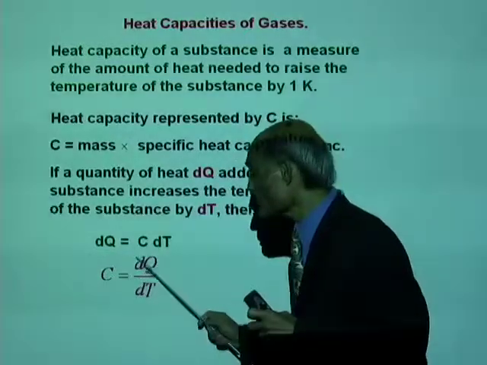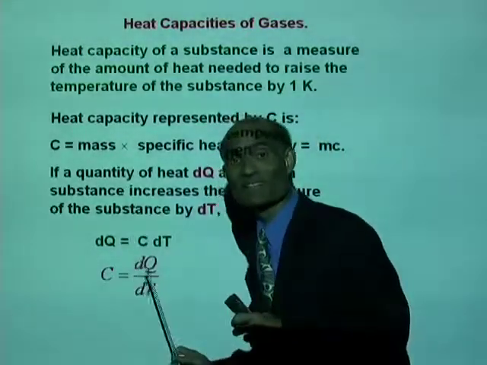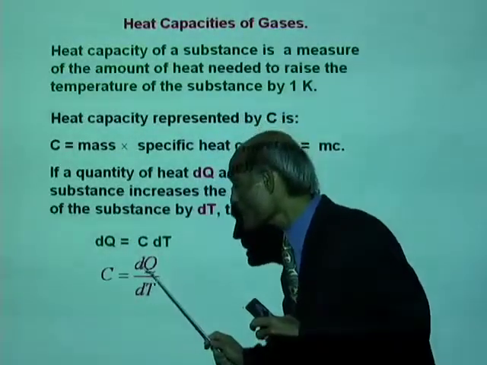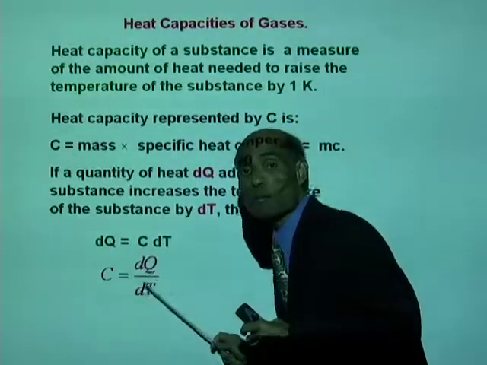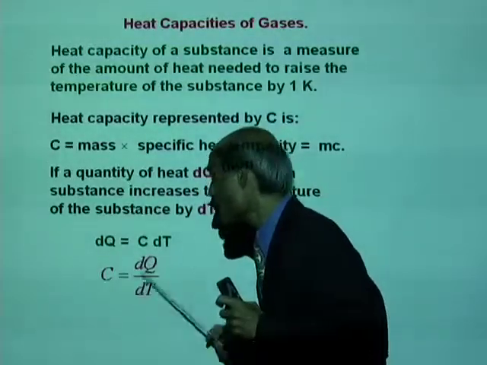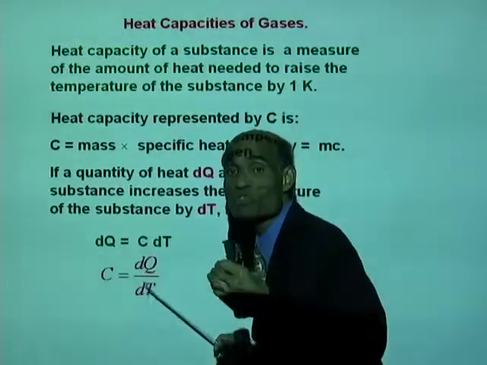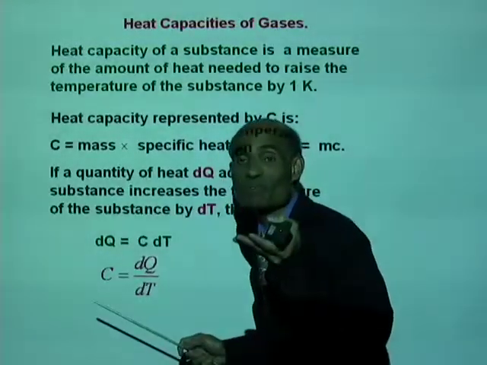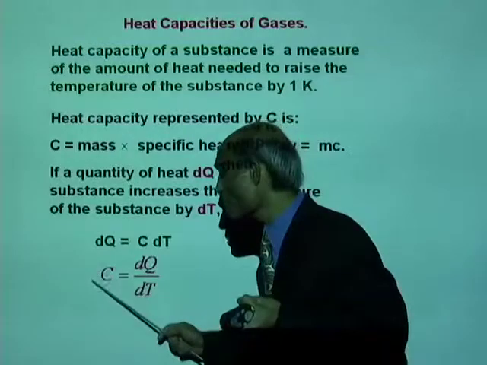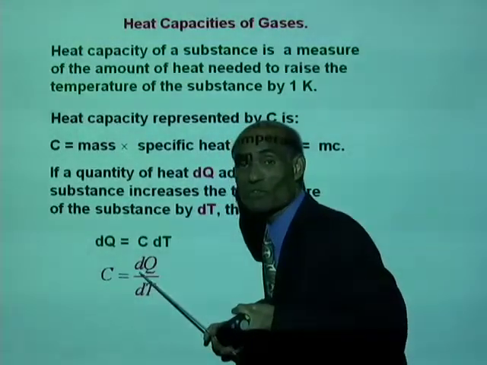Now actually, this is a better definition of heat capacity, isn't it? The amount of heat required per Kelvin rise of temperature, dq by dt, the rate at which heat is used in raising the temperature. That is the definition of heat capacity. Alright, so keep this.